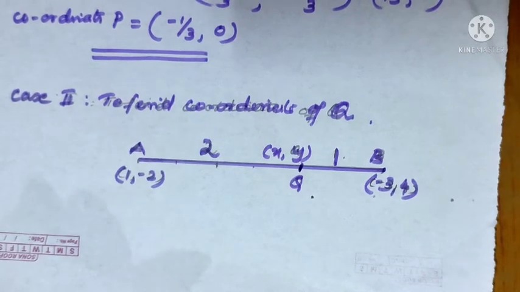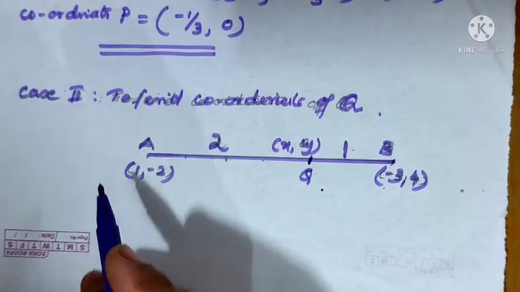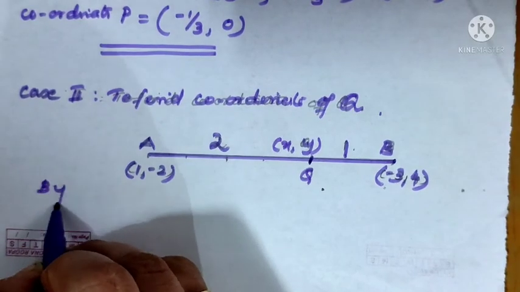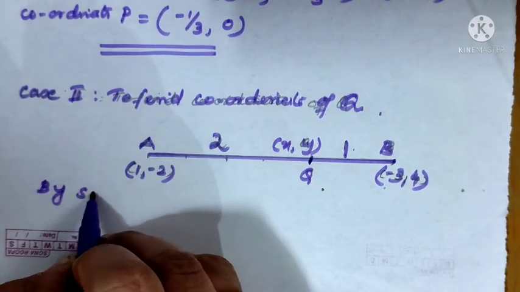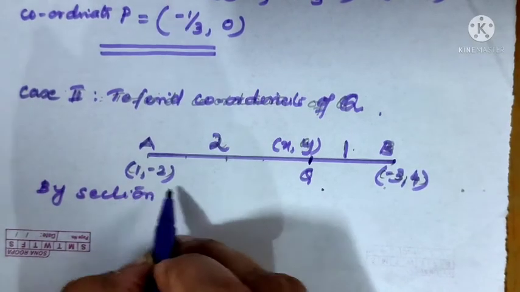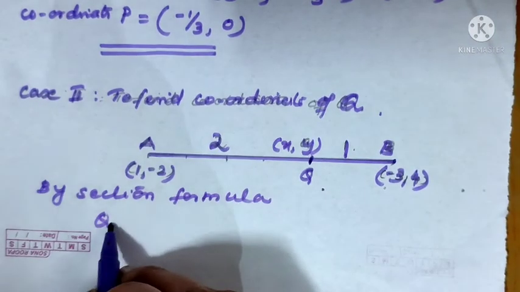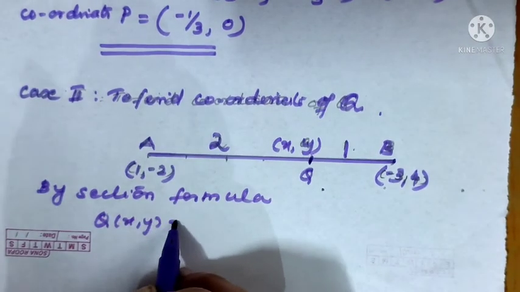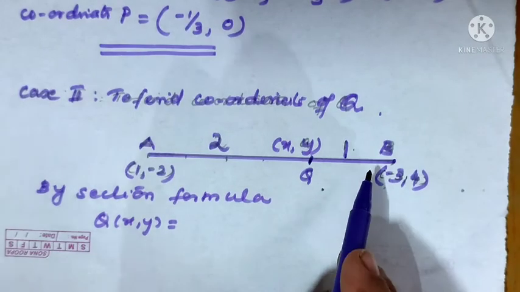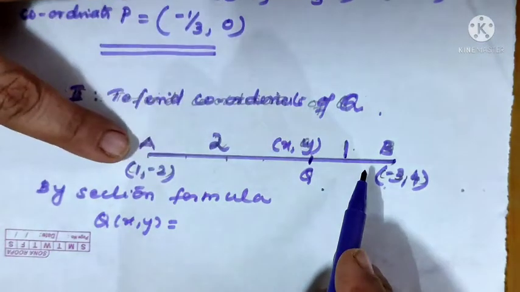Now we write the section formula again for the coordinate of Q. Q x comma y equals the second ratio we start with, then the coordinates from this side.